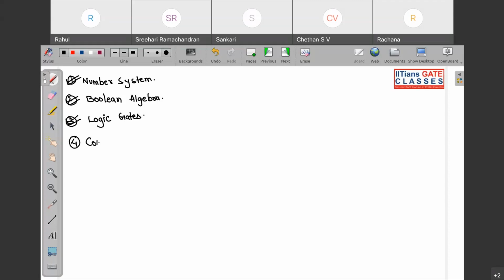Fourth comes combinational circuits. Fifth is sequential circuits, which is a very important topic.